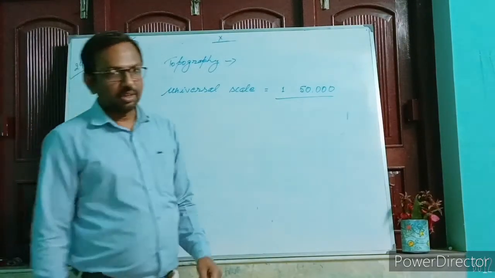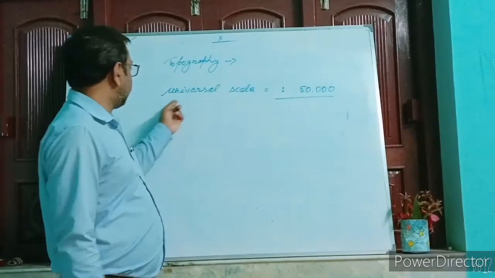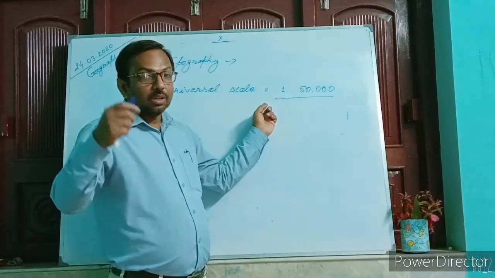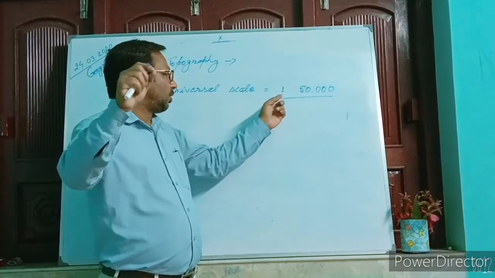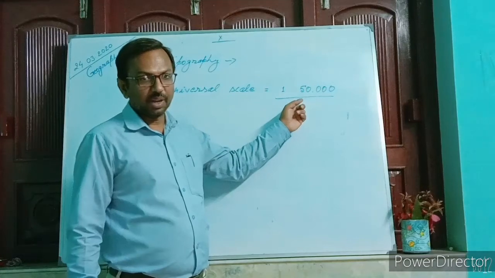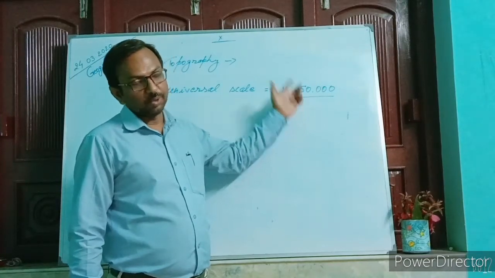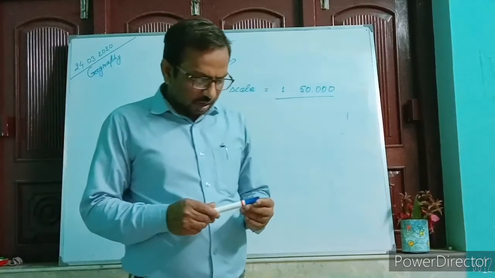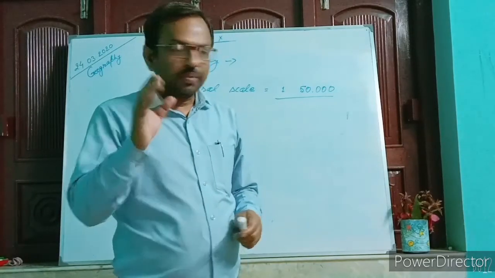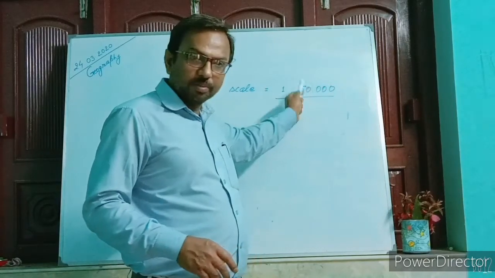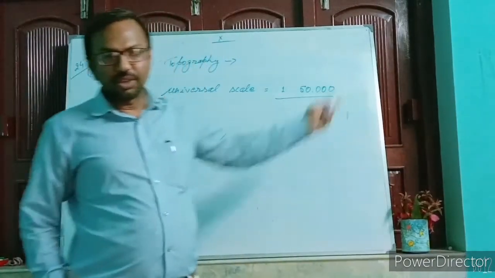But the first basic thing I have written is this universal scale that is used throughout the world, and so this is called universal scale. This is applied in topography. There are several kinds of scales given in the book, but in fact the questions are related with this kind of scale. We say this is the scale factor.